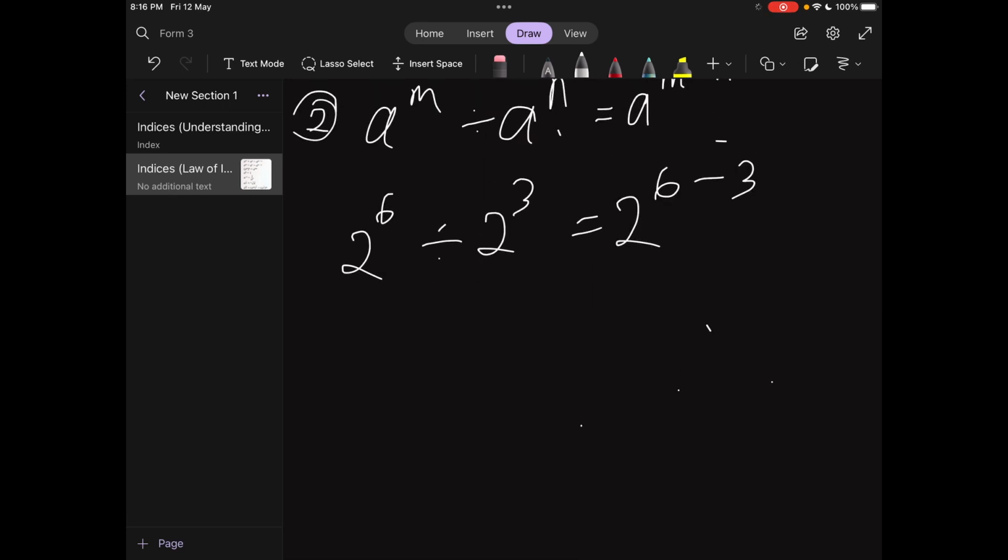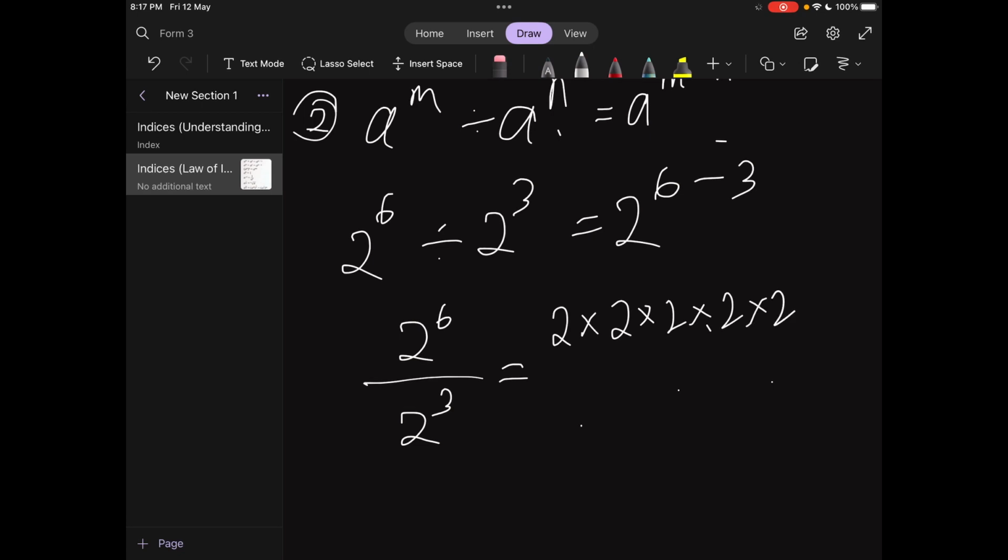So here, for a better explanation, I will be writing it down in fraction form. 2 to the power of 6 divided by 2 to the power of 3 can be written as a fraction, 2 to the power of 6 over 2 to the power of 3. So here we are going to list down all of the 2's in the index notation. So 2 times 2 times 2 times 2 times 2 times 2. 1, 2, 3, 4, 5, 6.